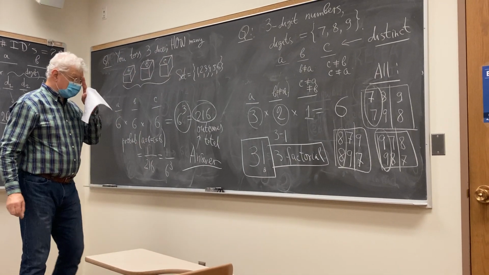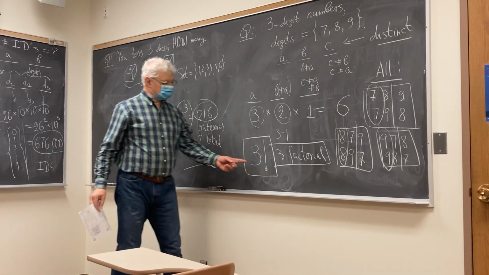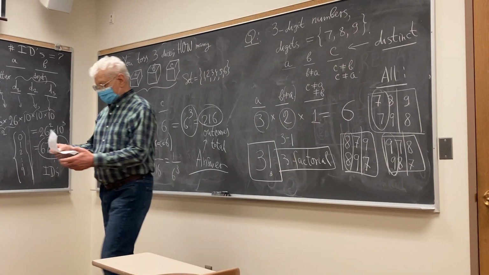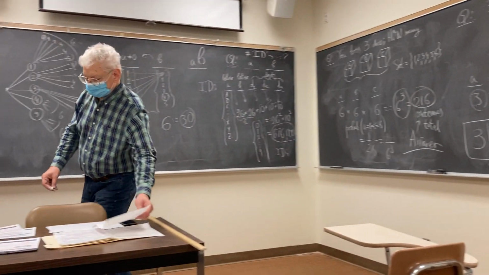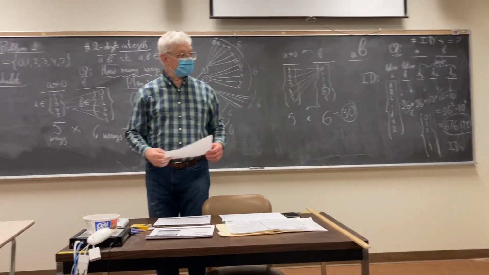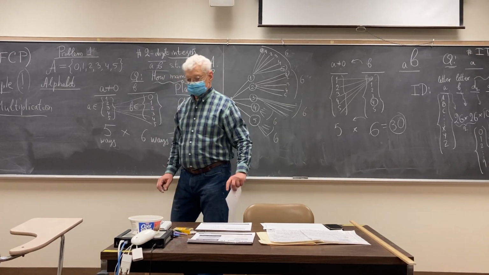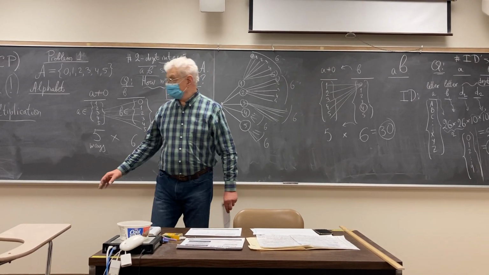So 3 factorial is just the product starting from this number and up to 1.